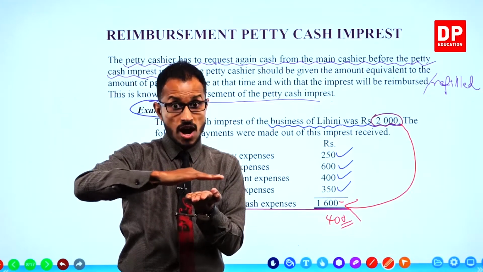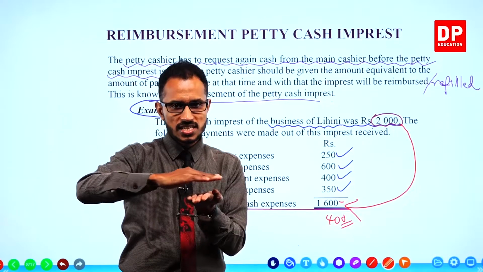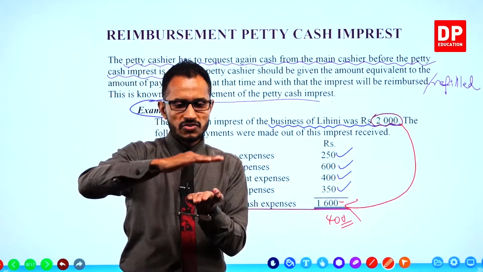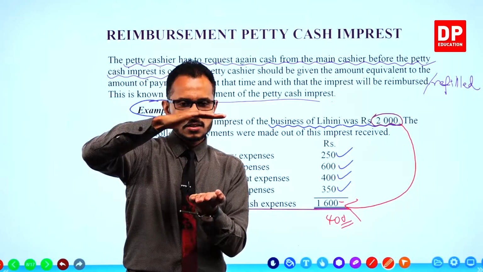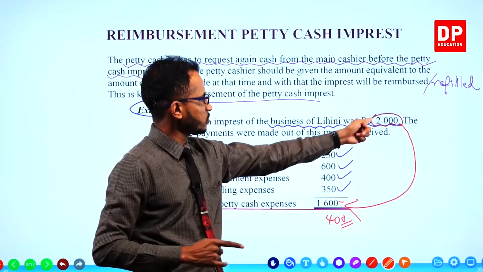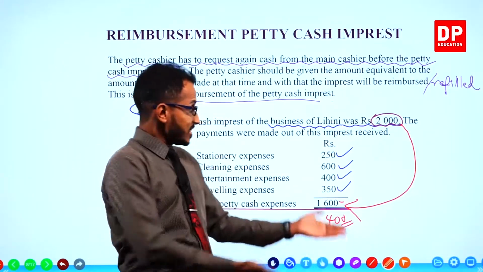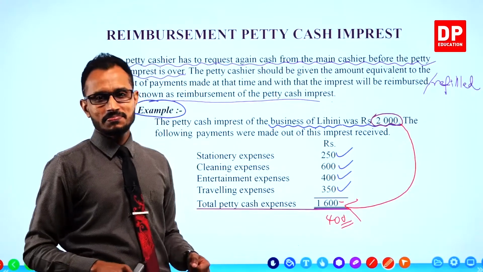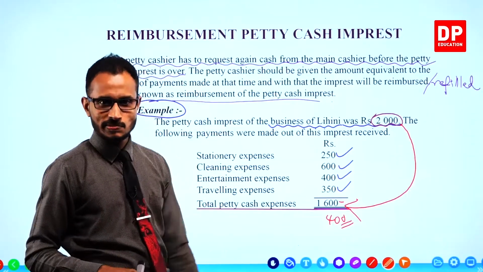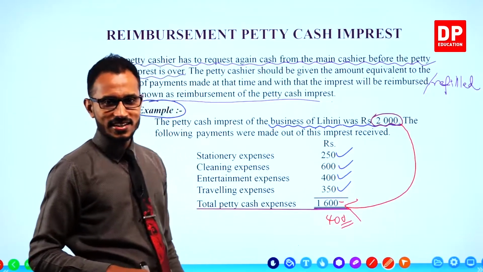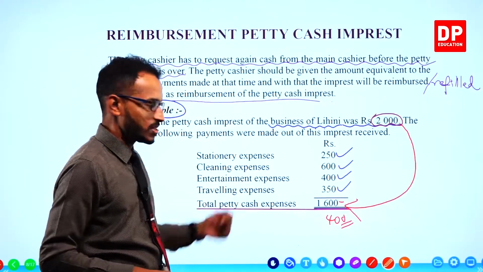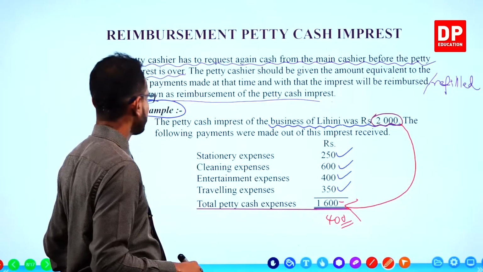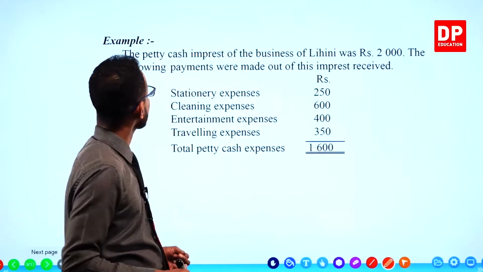How much does he need now to refill this to the original imprest amount, which is 2,000? It's the same amount which he spent, 1,600. That is the reimbursement. There you go. That is the reimbursement, children. It is shown here.